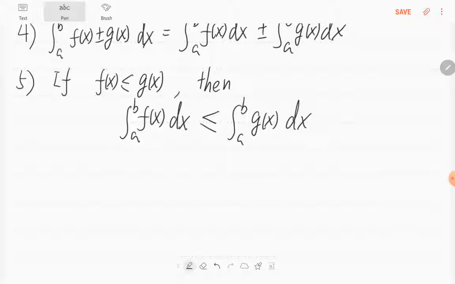Okay, so this property tells you that the integration will keep the inequality sign.